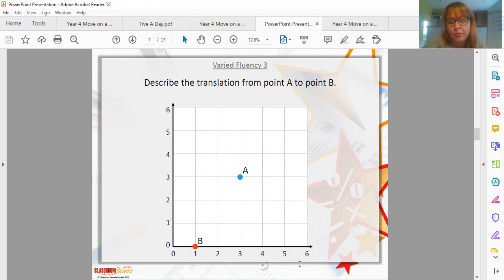No. Why not? That's right. You've got to go the quickest route. Now that could be one of two. You could say that point A has gone left 2, down 3. Or you could say it's gone down 3 and left 2. That's 2 ways that you could say it.